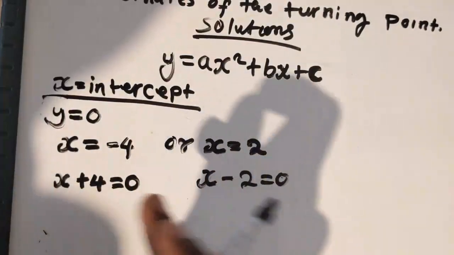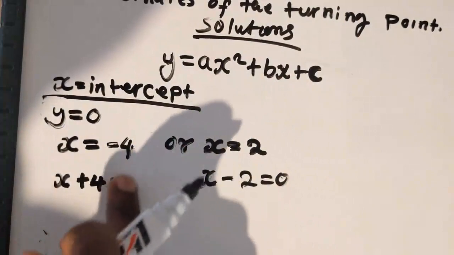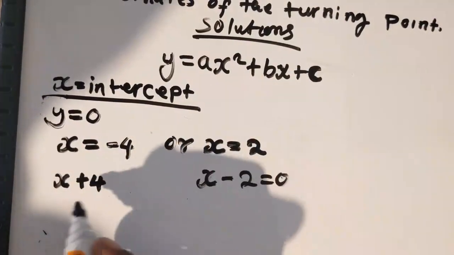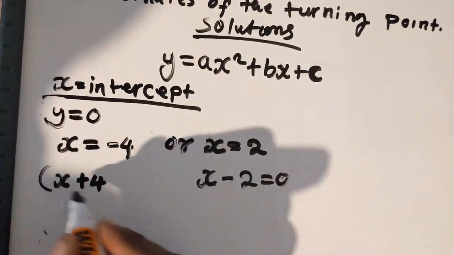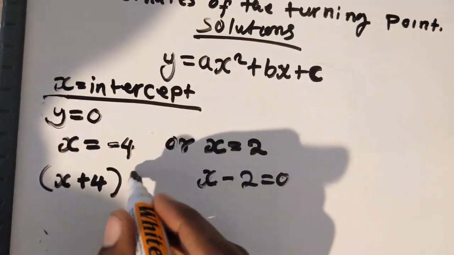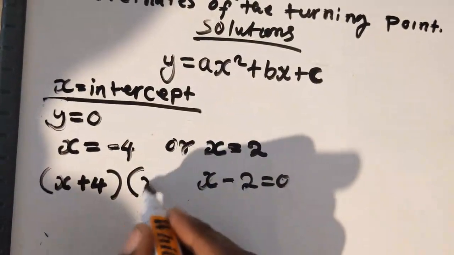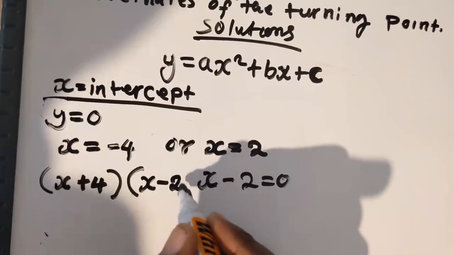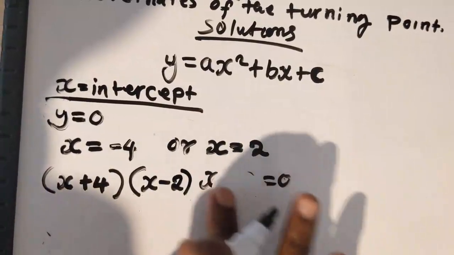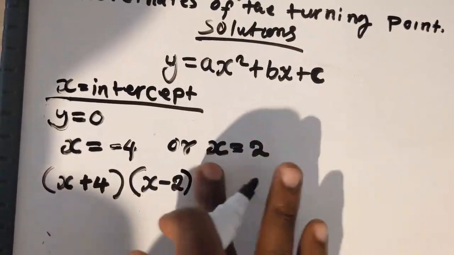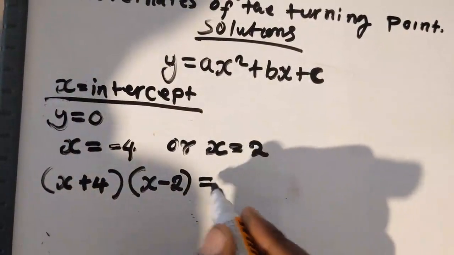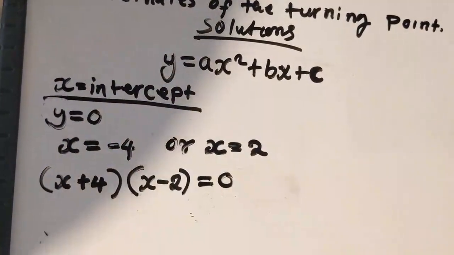These two, the way we find them, they are like this, just the same as these, then equal to what? Equal to 0.